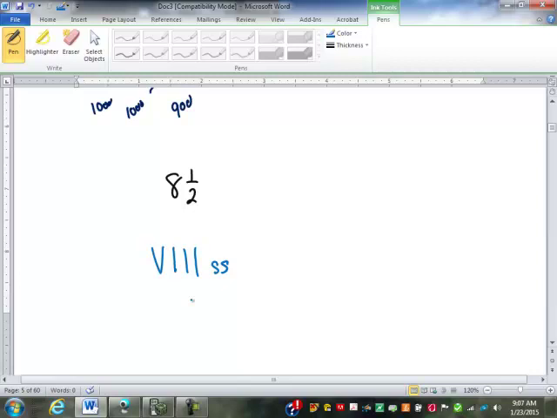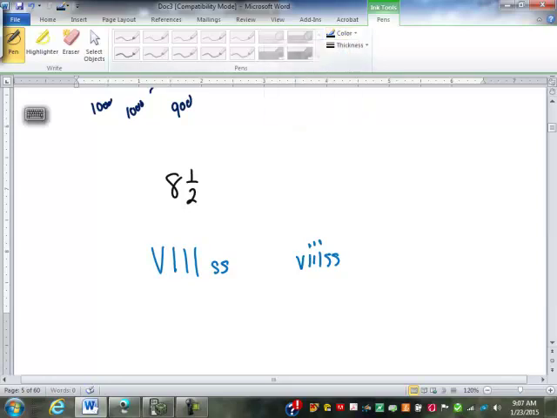Usually smaller. The S's are always written in lowercase. Like I said, now it's acceptable to write all your Roman numerals in lowercase, which is not what I was taught. But now you would see that expressed as VIIISS. It might not be uncommon to see that.